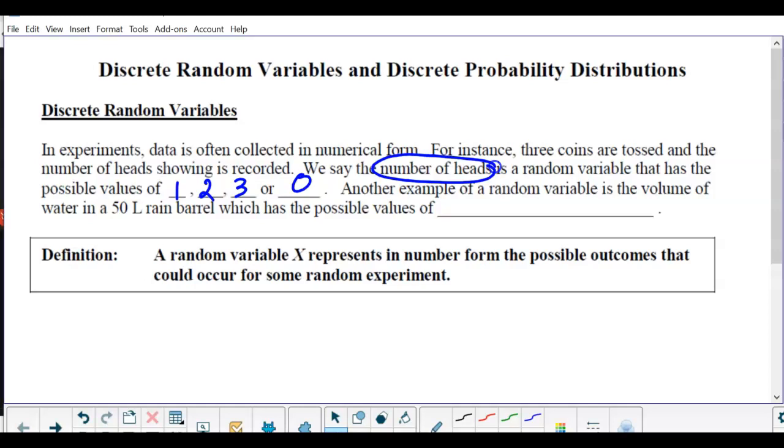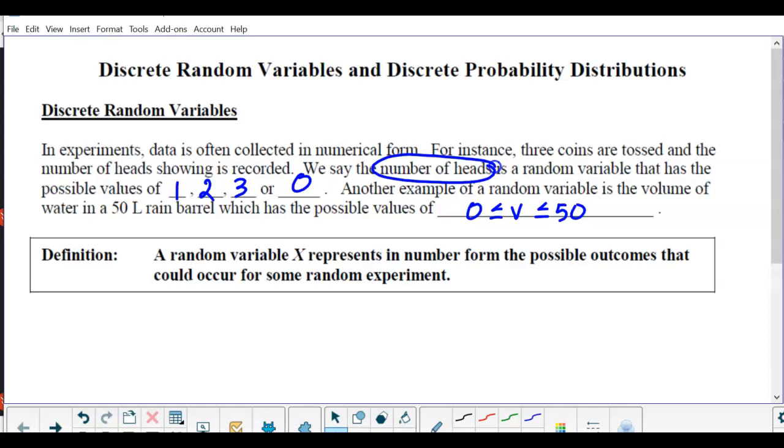So it has possible values between 0 and 50. Once it hits 50, it overflows, so it can't measure it anymore. In that case, that would be continuous: some decimal value between 0 and 50.